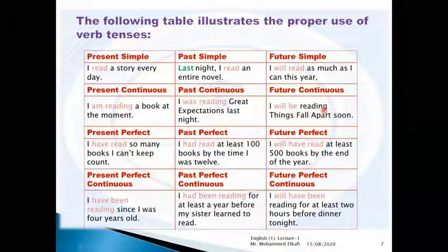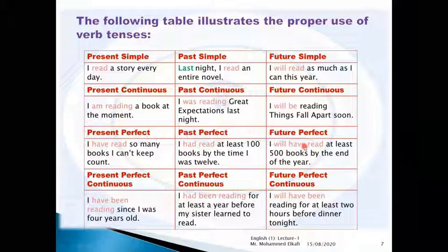So think of Things Fall Apart as the name of a novel, written by Chinua Achebe, the famous Nigerian writer. So I will be reading Things Fall Apart soon. Soon is one of the markers for future continuous.